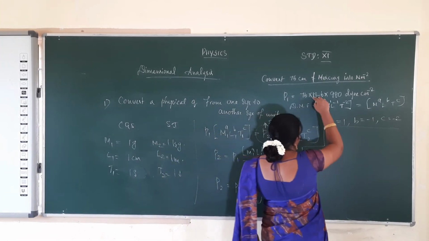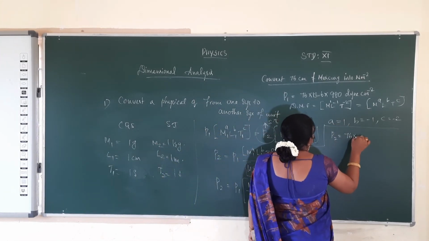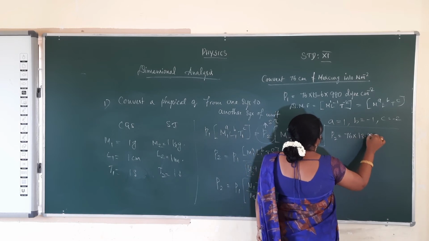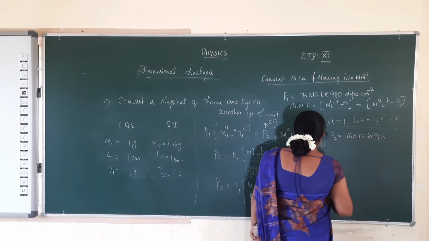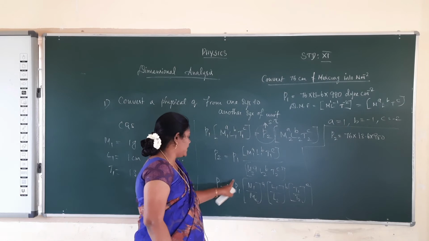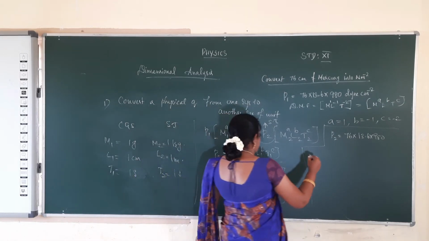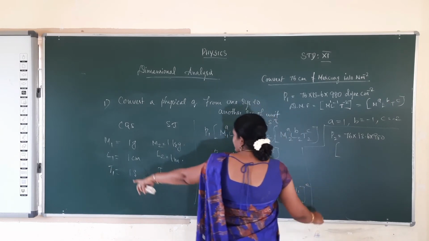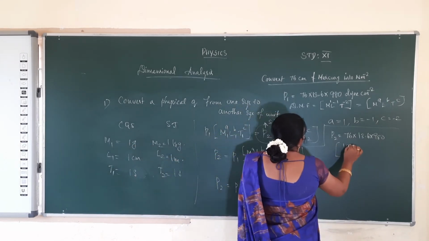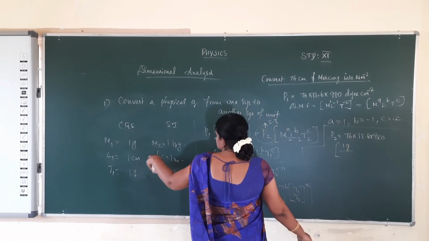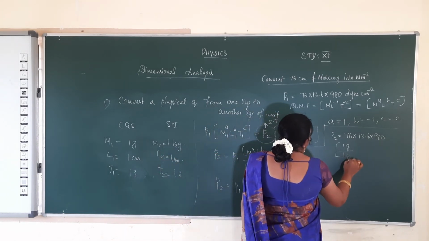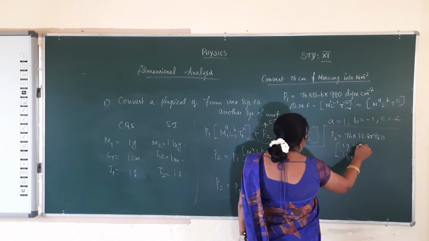What's the value of P1? 76 into 13.6 into 980. Okay, clear? P1 value I substitute, and M1, M2 values we want to substitute. What's the M1 ma? M1 is 1 gram, then M2 is 1 kilogram, then power A is 1.